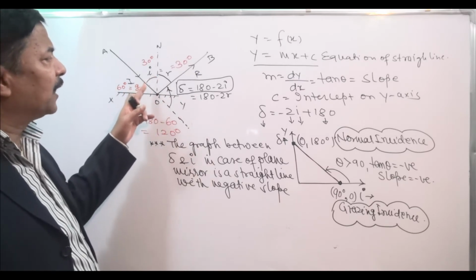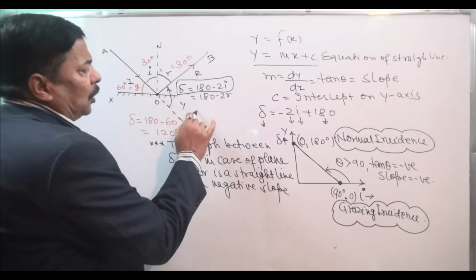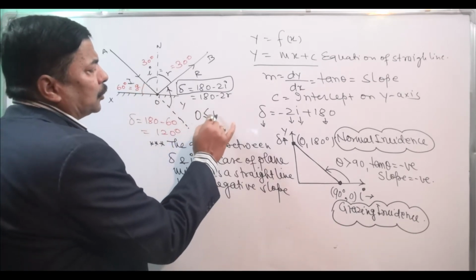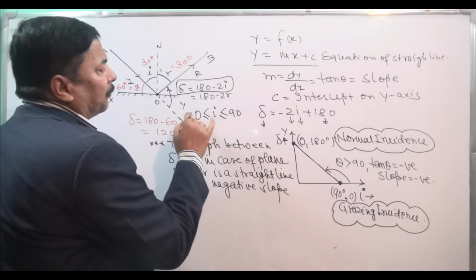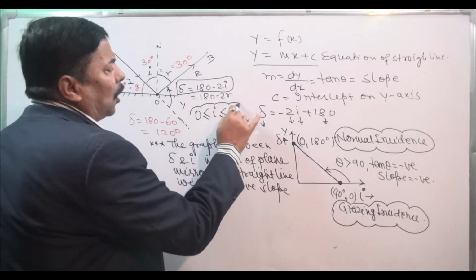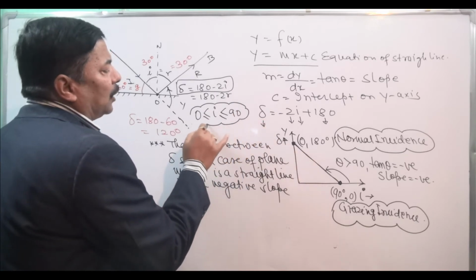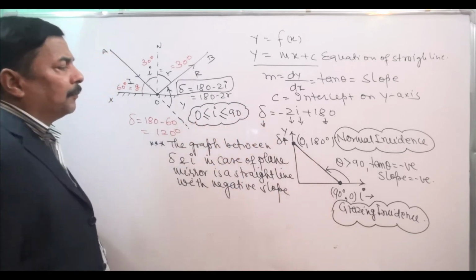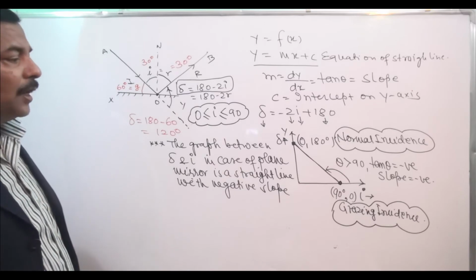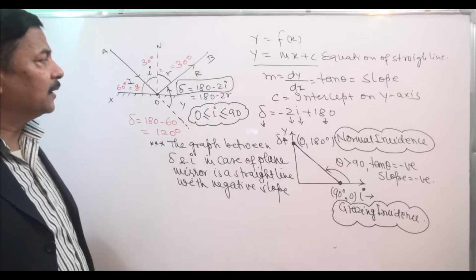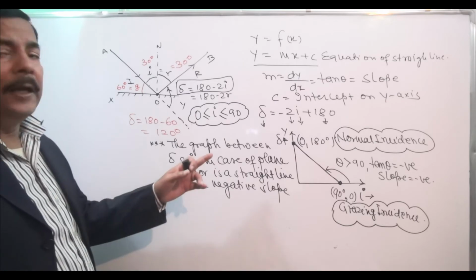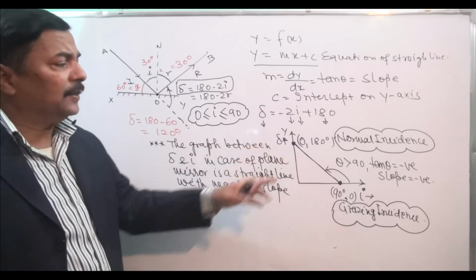So the angle of incidence, 0 is less than or equal to I, and I is less than or equal to 90. It should always be remembered that its value cannot exceed this limit, and so R is also there. Now I would like to discuss with you the grazing incidence in detail, grazing incidence and grazing emergence.